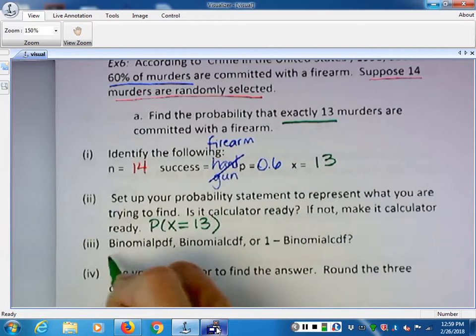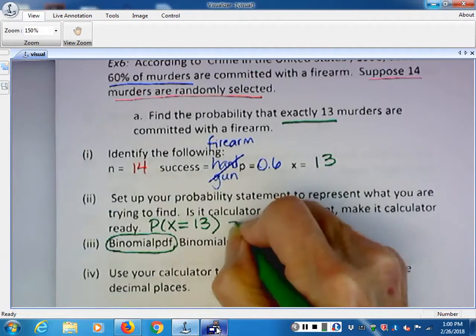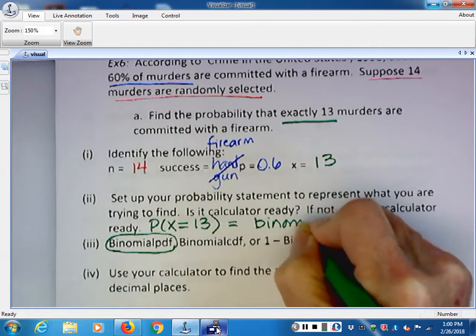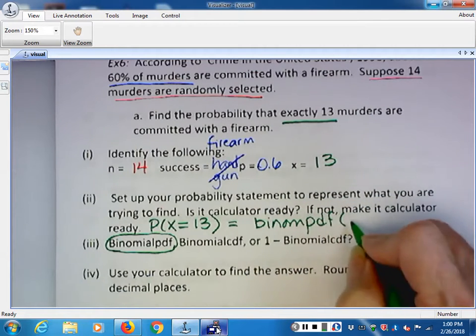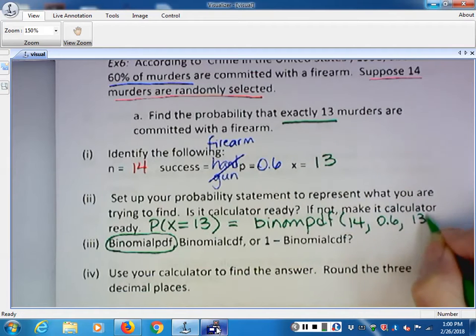And because it says equal to, then we choose binom PDF. P is one probability.